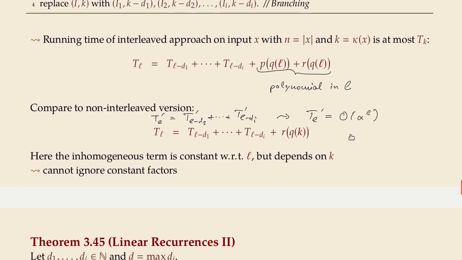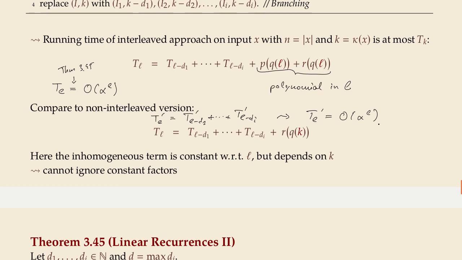So if we apply that theorem here, then this is O of alpha to the L by theorem 345. Because omitting these, that was just our T prime.